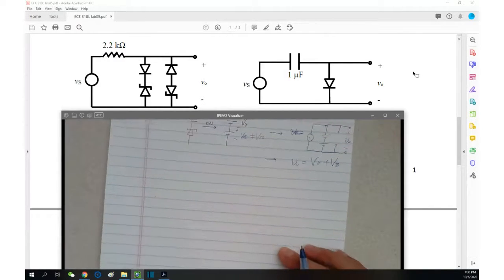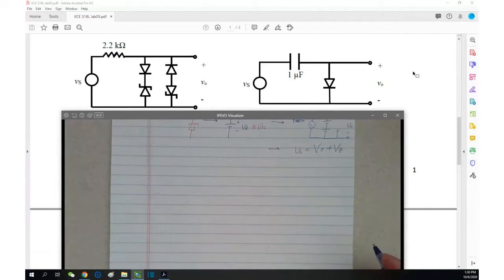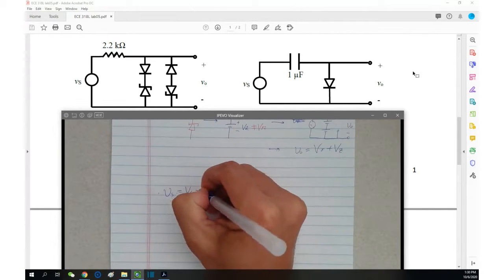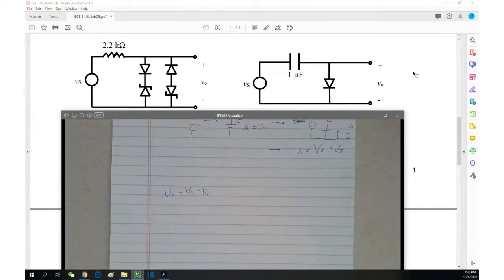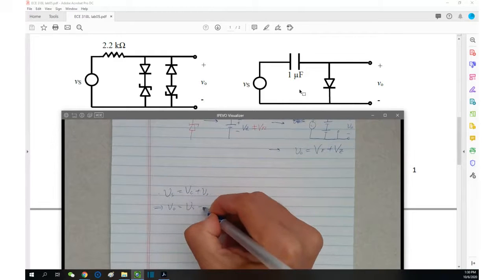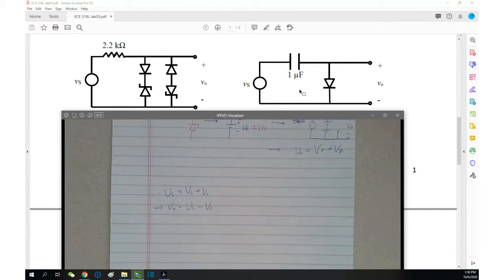So what's happening here is inside of this loop, you can easily have Vs equals Vc plus V naught, right? This is very easy. KVL inside of this loop. And therefore, you can easily derive V naught equals Vs minus Vc, right? Vs is sinusoidal. This is given. What is Vc?